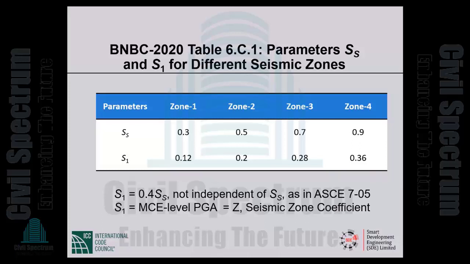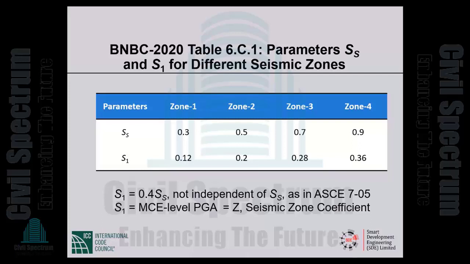So one more time from dynamics, if you take the short period spectral acceleration, S sub S, it is MCE level, divide by 2.5, you get a good approximation of the peak ground acceleration, which will also be MCE level. So for 0.3 S sub S, the peak ground acceleration is 0.12 g.